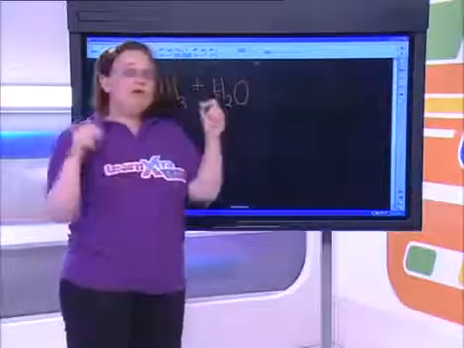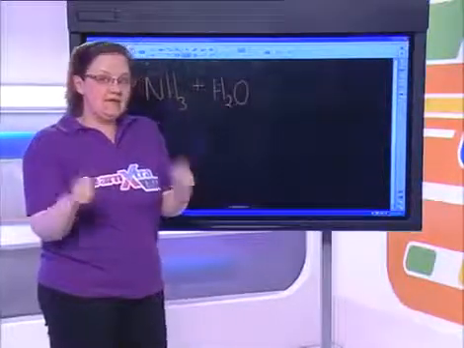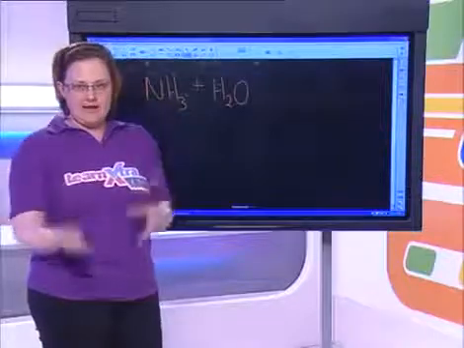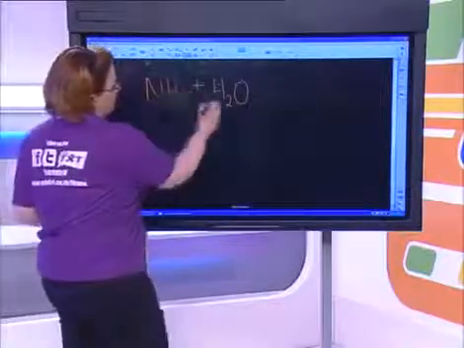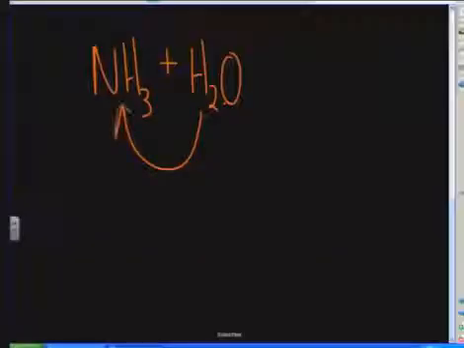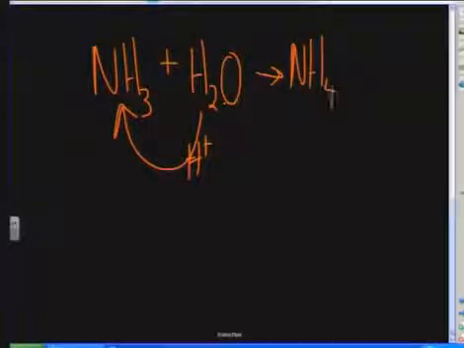Anyway, now, ammonia is going to have to ionize. Ammonia is not ionic. It's two nonmetals, which means the water is going to act like an acid, give its hydrogen to the ammonia, and it's going to give us the ammonium ion.